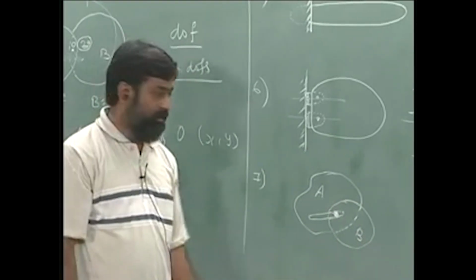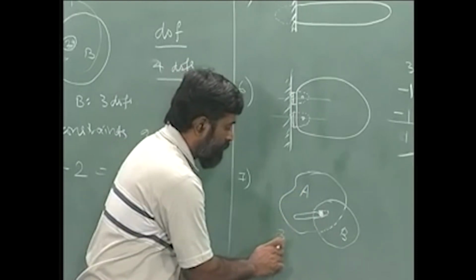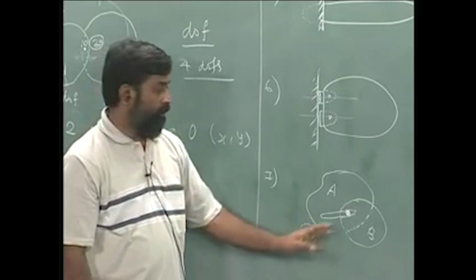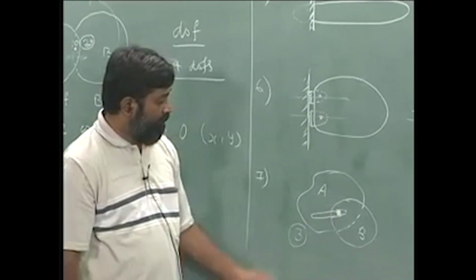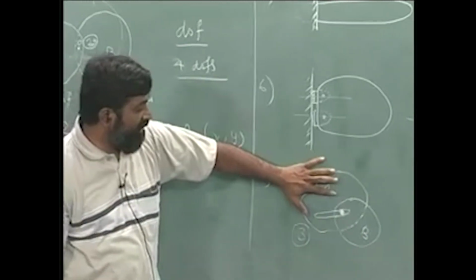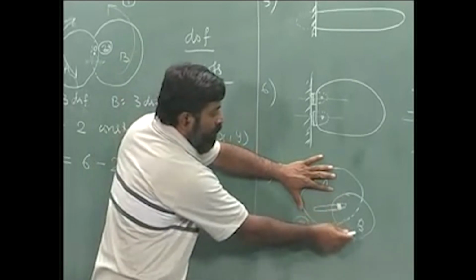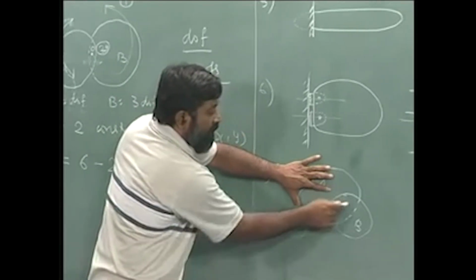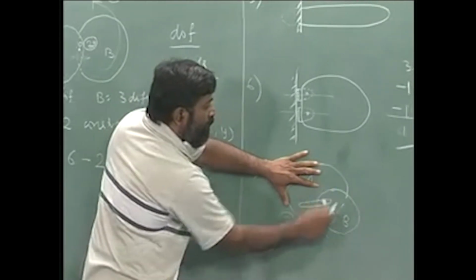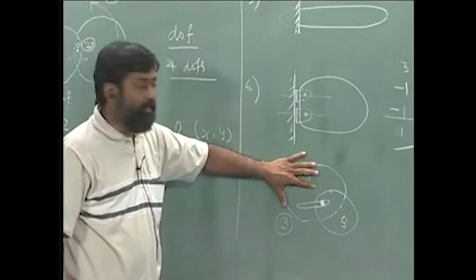The first way I can start is, I have 3 degrees of freedom possible for this rigid body, if I do not consider anything else. And looking at B, by fixing A, I am going to look at B. This point here can slide, and this body B can also rotate. There are 2 ways in which we can understand.